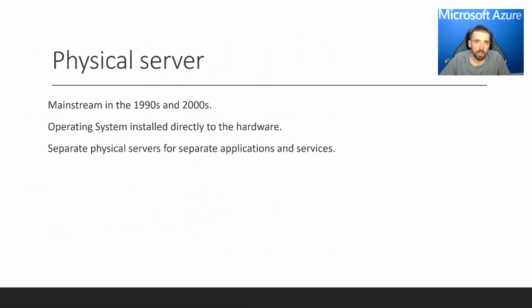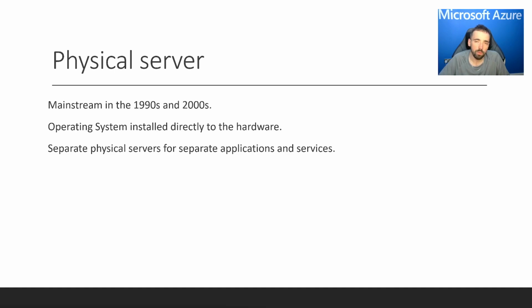So I want to start by giving some context around some of the methods we've had in the past of running our application. In the 1990s and 2000s, it was pretty typical that a business would have a physical server that ran in their server room or data center, and on top of that physical server they would install the operating system, and on top of that operating system they would install an application.